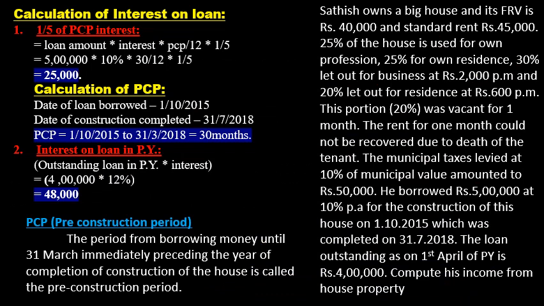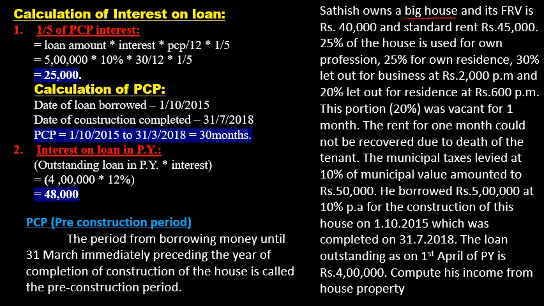Before starting the assessment of each house property, let me calculate the interest on loan first, because the loan is borrowed for the construction of the big house. The entire 5 lakh rupees has been borrowed for the construction of the big house, which is applicable for all the properties.